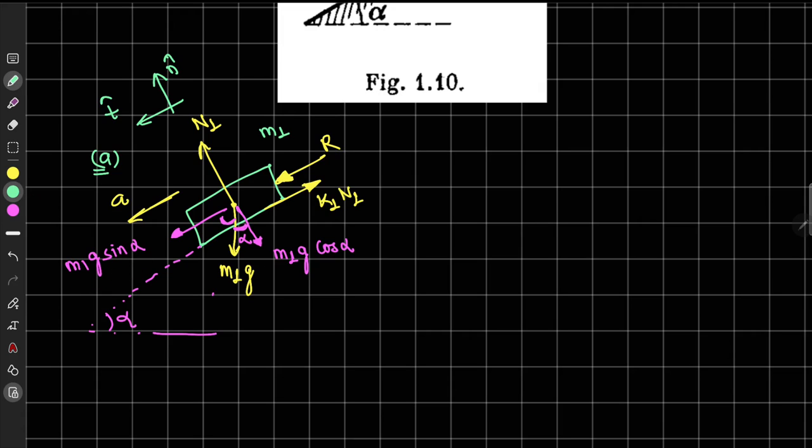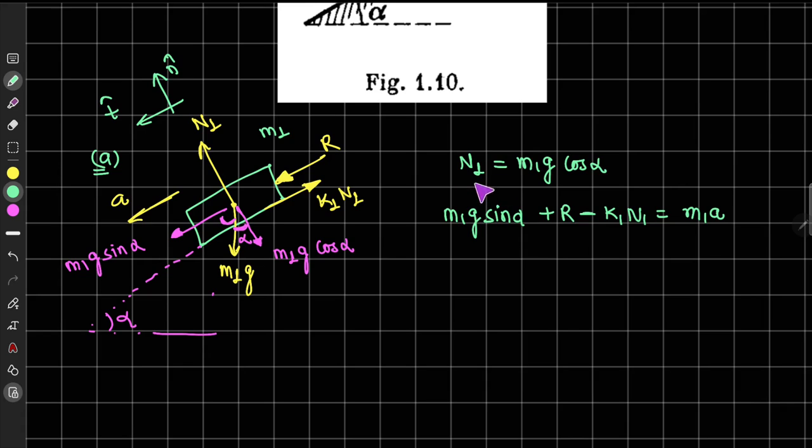Let us first balance the forces in the normal direction. As we do not have acceleration in this direction, we can directly write n1 is equal to m1g cos alpha. And if we talk about the force equation in the tangential direction, we can write it as m1g sin alpha plus r minus k1 into n1 is equal to m1 into a, where a is the acceleration.